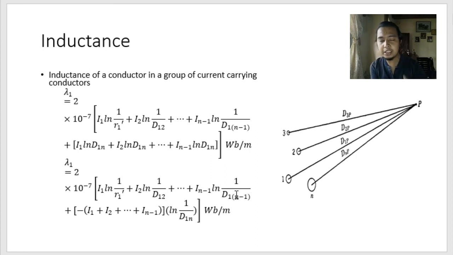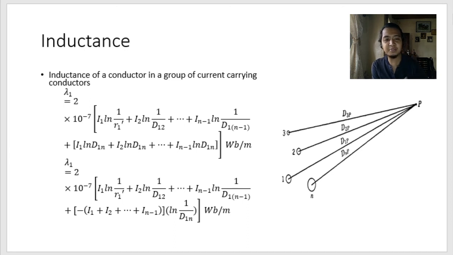D1 to 3, D1 to 4, D1 to 5, and so on up to D1 to n. So it's basically the distances of these mutual, neighboring conductors. So you eliminate the distance from 1 to P, from 2 to P, 3 to P, and so on. It's gone. So your inductance now is just a function of these distances from 1 to 2, 1 to 3, and 1 to n. So that's why it's simpler.